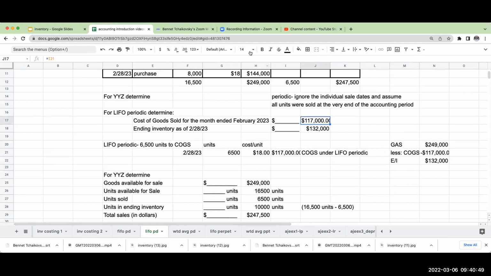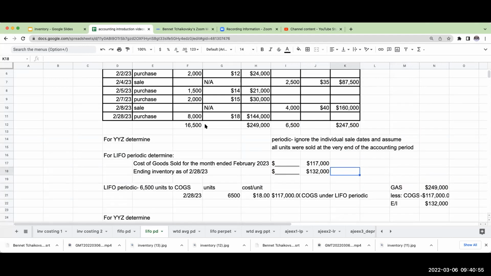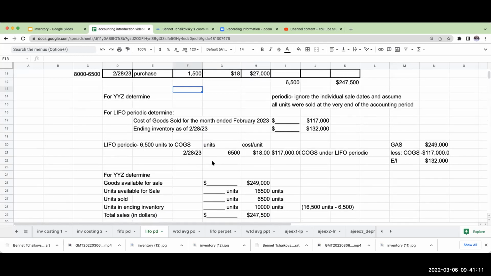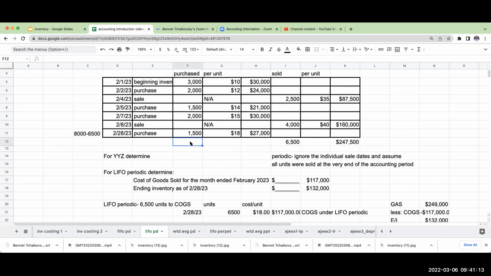Once I've gone through and done this particular method, is there a way I can check my work? And the answer is absolutely yes. Once I take out 6,500 units from this purchase here, I am left with 1,500 units, right? So if I'm left here with 1,500 units, all of this here constitutes my ending inventory. My ending inventory is 10,000 units.